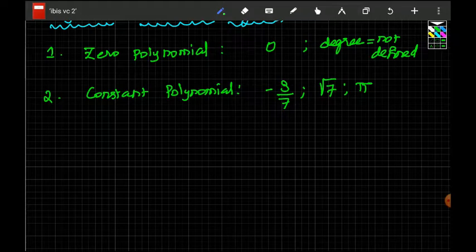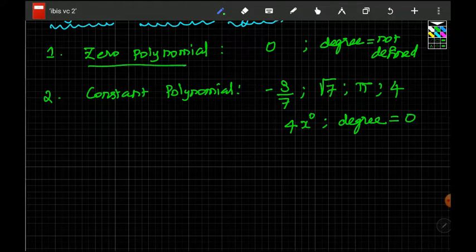Its degree is 0, because the number 4 can be written as 4x power 0. Hence the degree of a constant polynomial is 0. The zero polynomial's degree is not defined, but a constant polynomial has degree 0.